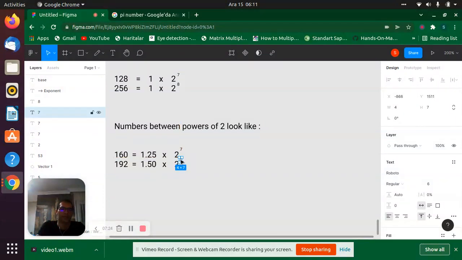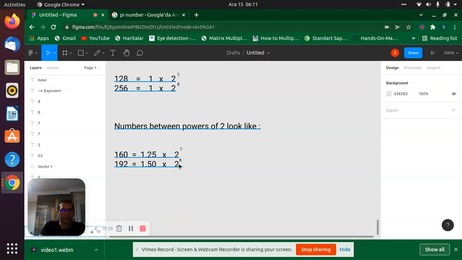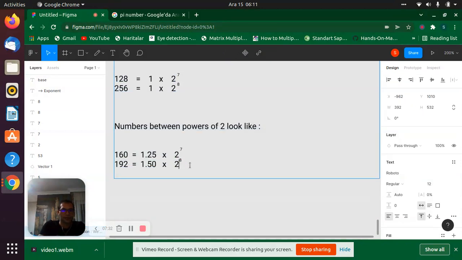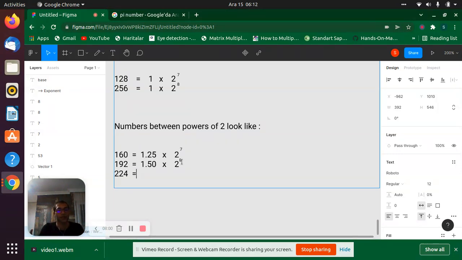Let's put there 8. Maybe I can take this down, but anyway, you know what I'm doing here. Look, we are not working with 260, 156 like that, or 128. No, we are looking at different things. We have to represent differently. So we have to understand the concept of how the computer does these jobs. Really, it's amazing.